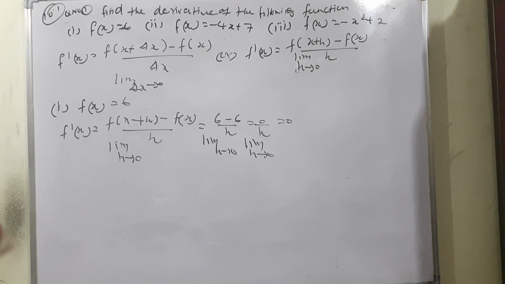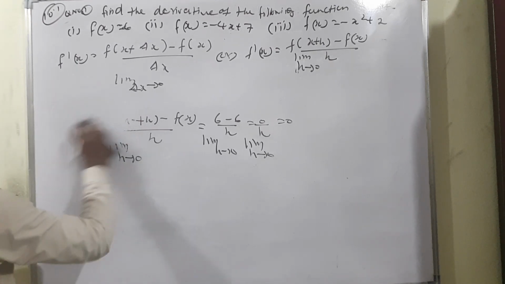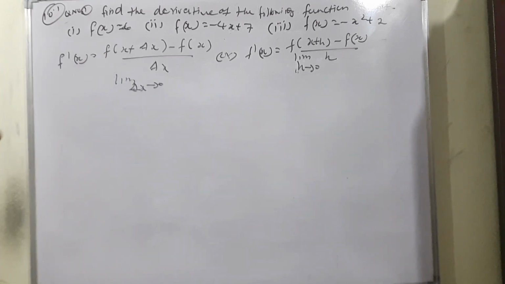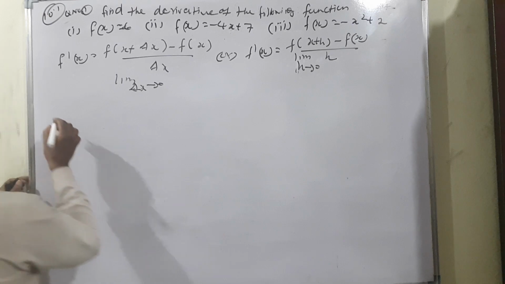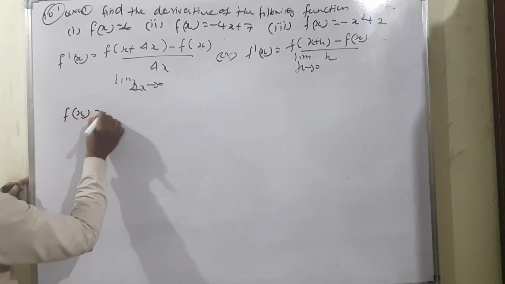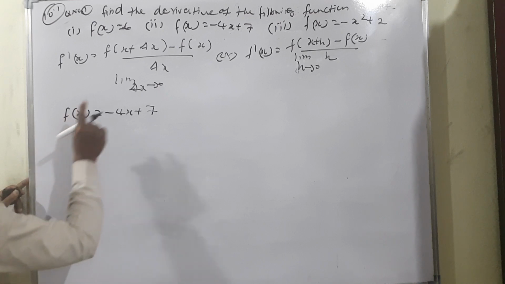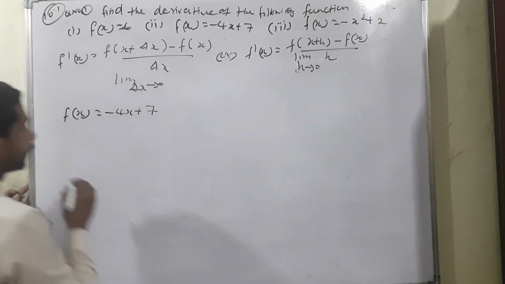So, subdivision 2: f of x is equal to minus 4x plus 7. First, apply for f of x plus h.